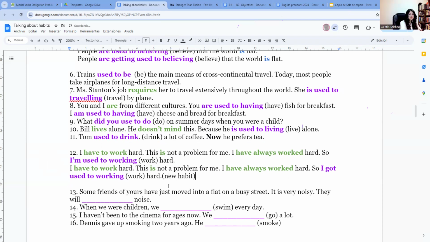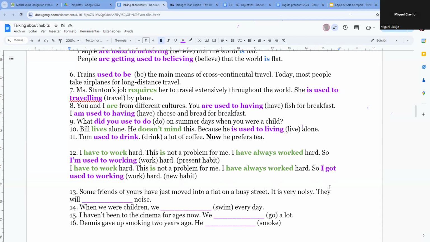It's like a recent thing. He got used to it. Yeah. Okay. And another question: is it possible to combine this with the present perfect? What do you mean? I don't know. For example, in Spanish we say me he acostumbrado a pasar la Navidad solo, for example. Yes.